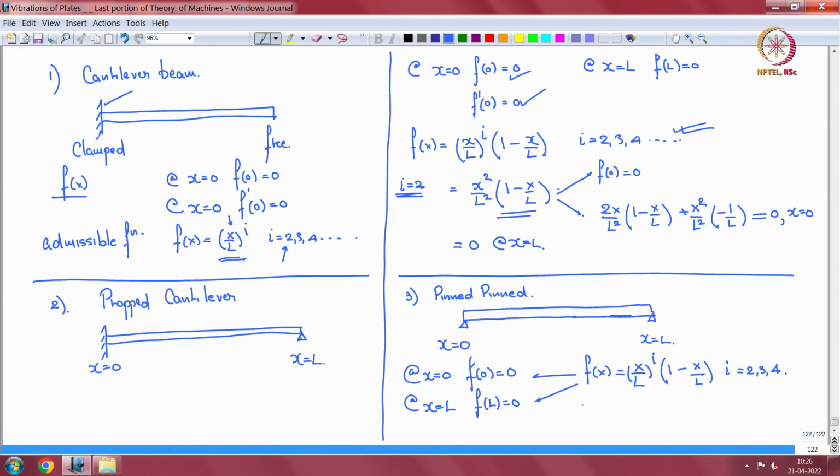Alternatively, f of x can also be sine i pi x by L, with i running from 1 and so forth. So these are actually the exact mode shapes. They satisfy the moment condition also at the pinned ends.